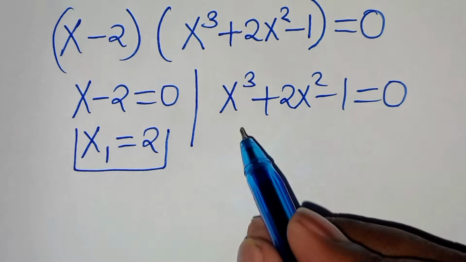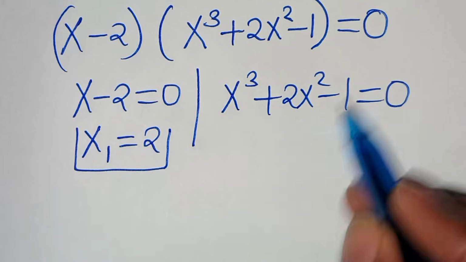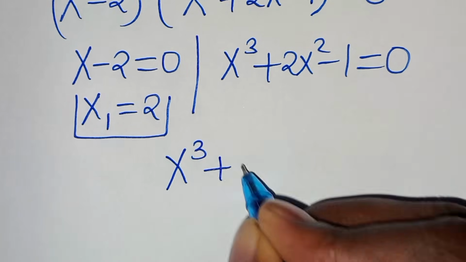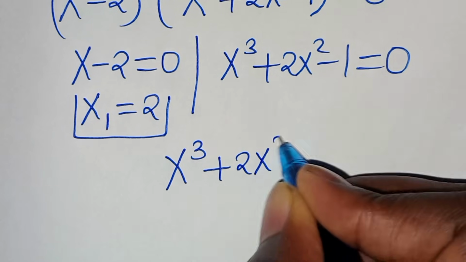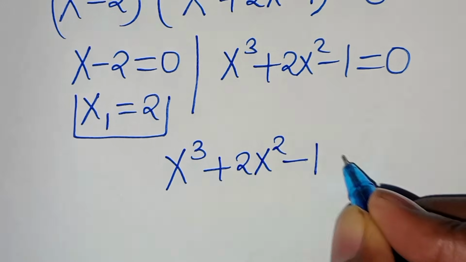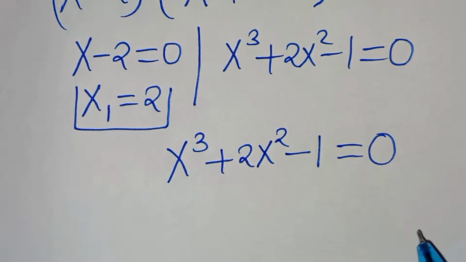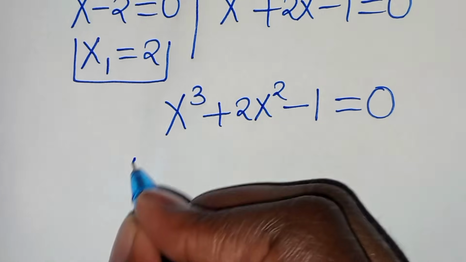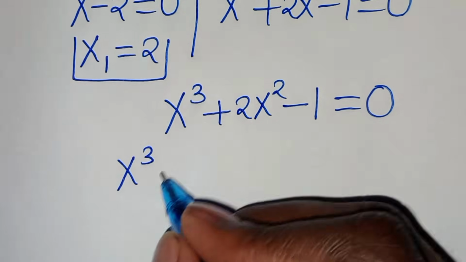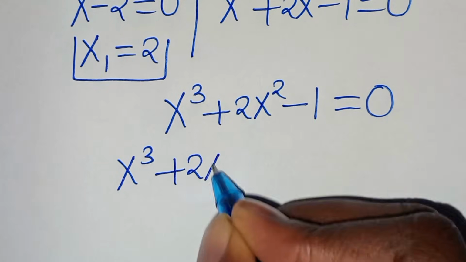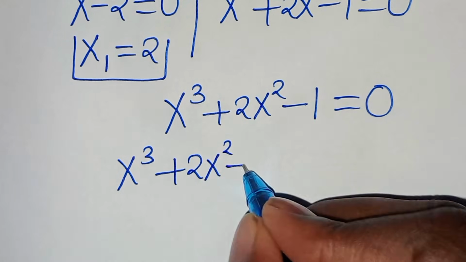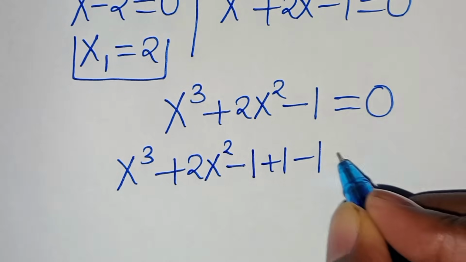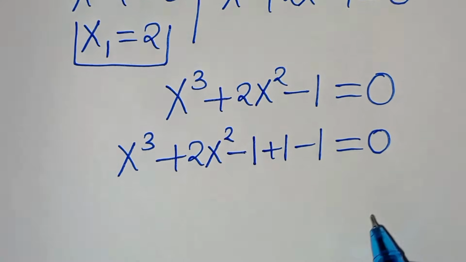Now, the next part is a cubic equation, x³ + 2x² − 1 = 0. We can express this cubic equation as x³ + 2x², then minus 1 plus 1, subtract 1, equal to 0.